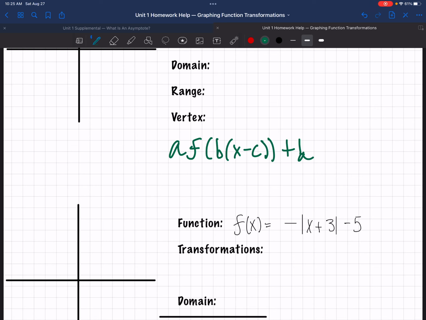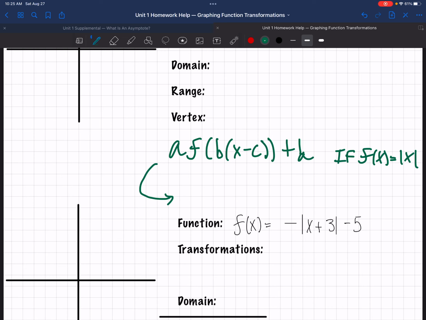Now, what does that look like if my function is absolute value x? So if f of x equals the absolute value of x, then what does this general function notation look like for the absolute value function?